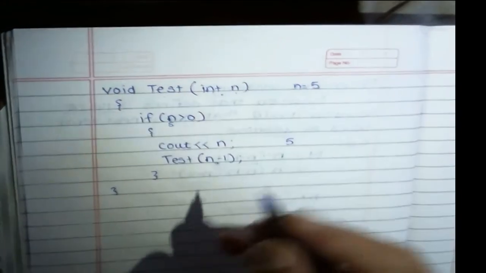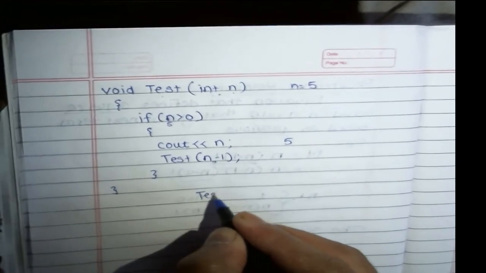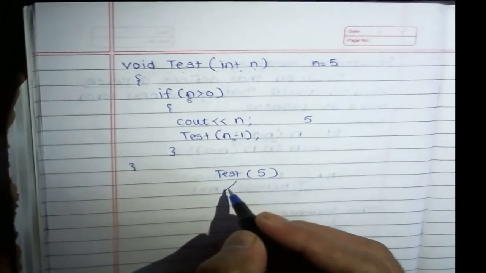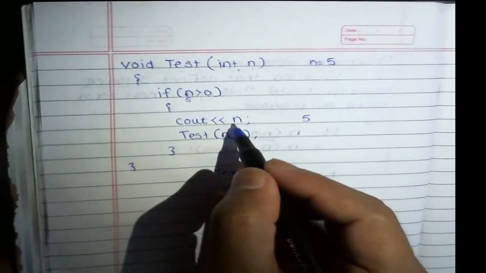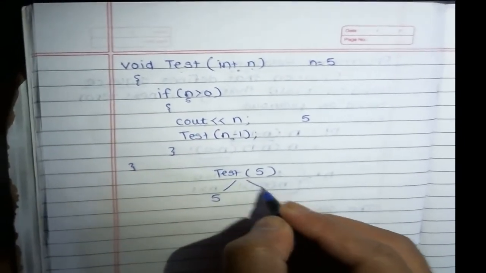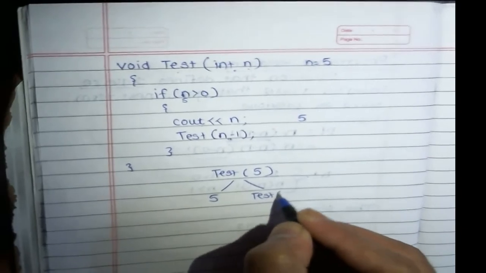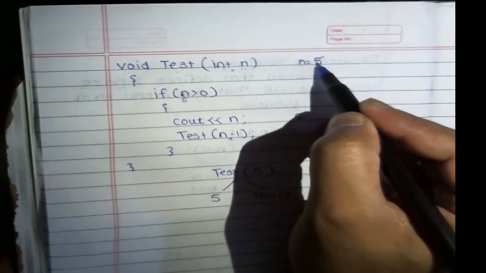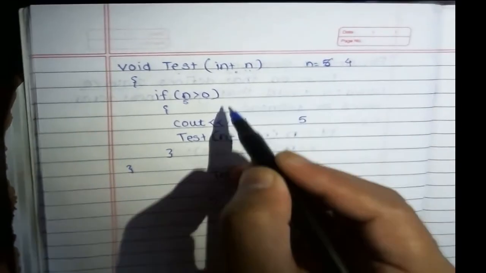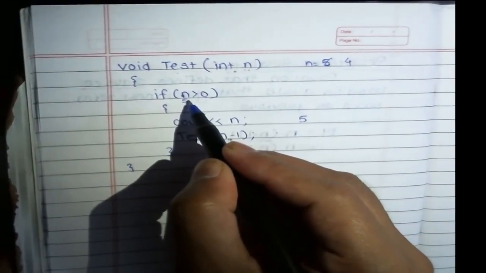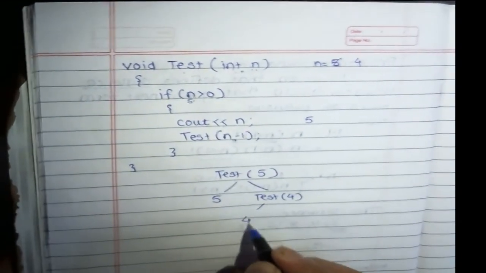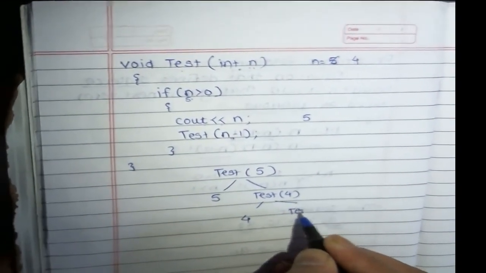When n is 4, it will check whether it is greater than 0. Yes, and it will print 4 and make a call to test of 3.